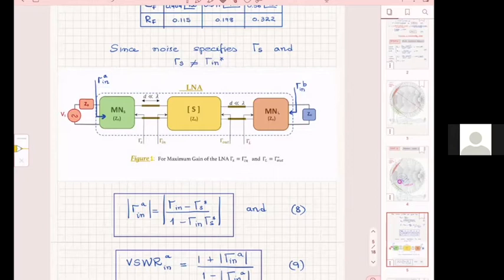What we found is that what was important was the relationship between these two and the relationship between these two. So not exactly up front, but right where the transistor connects to the matching networks.